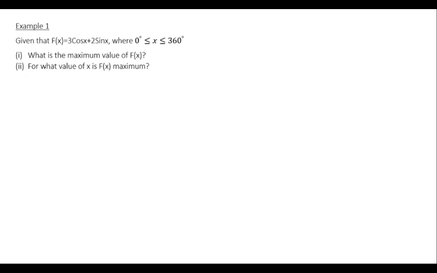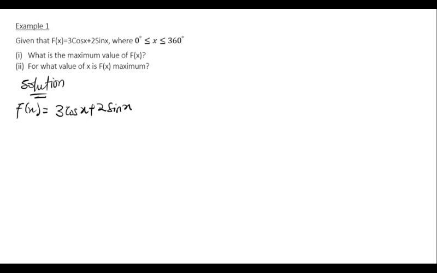Alright, so let's go ahead and see. So we have the solution. First of all, we write the function f of x, which is equal to 3 cos x plus 2 sin x.